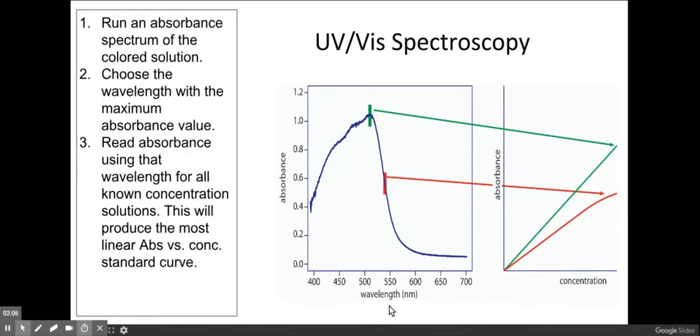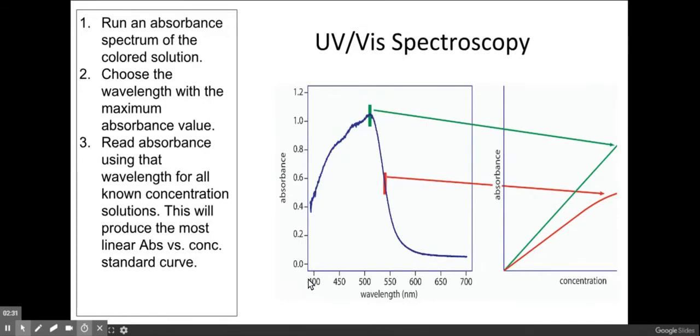But how do we know what wavelength of light to perform this absorbance concentration experiment for to get this standard graph? Well, first you're going to take some of your known concentrated solution and run an absorbance spectrum, where you're running a lot of different wavelengths.